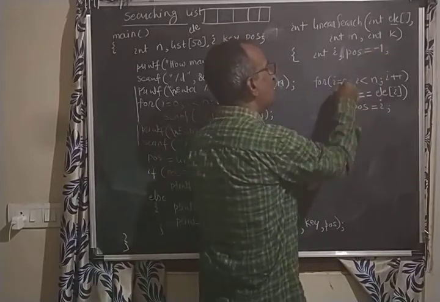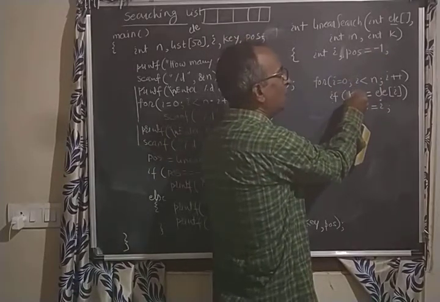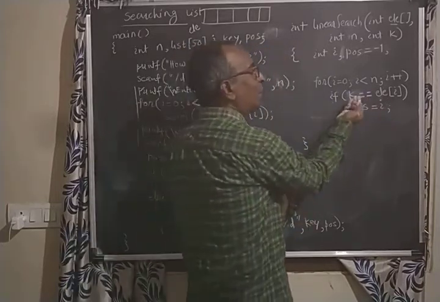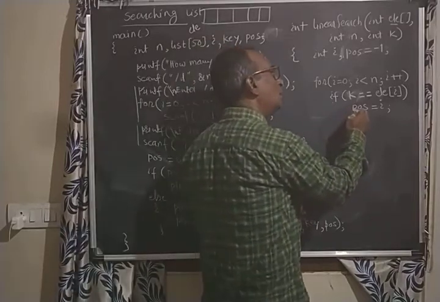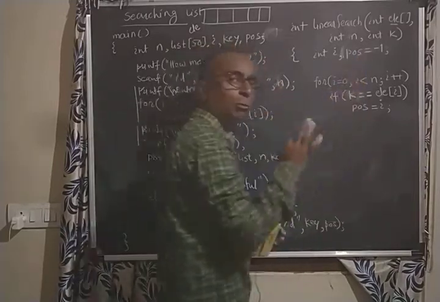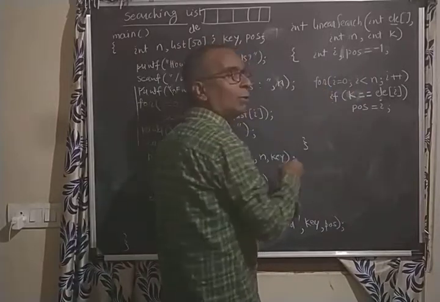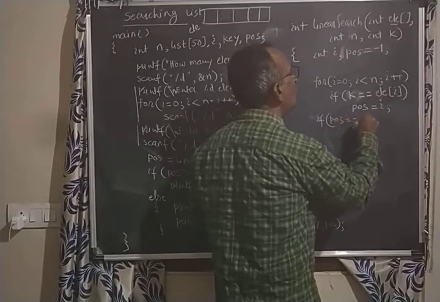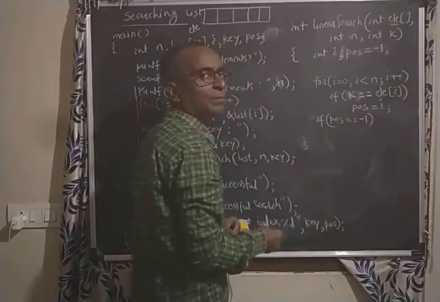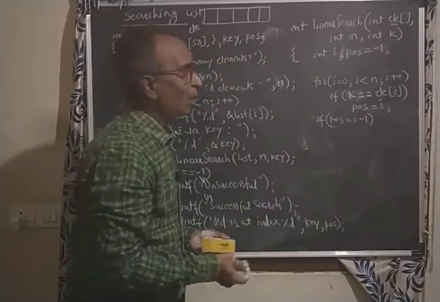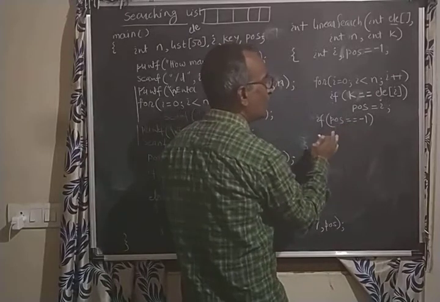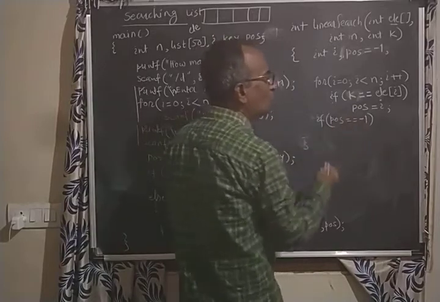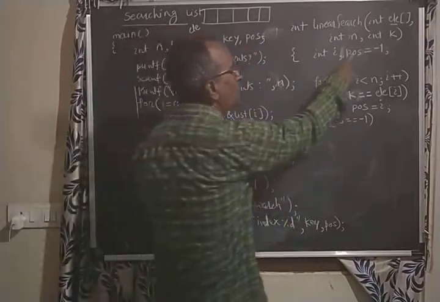The position will be changed only when it comes inside the loop and this condition is true, then only will position be set to some value. If that element is not there, the position will never be set, it will always be -1. So when it comes out of the loop and position is equal to -1, what does it mean? It is an unsuccessful search. So here we are setting the position.